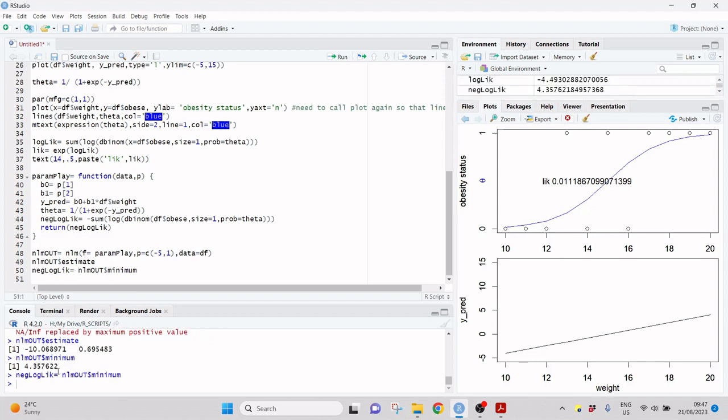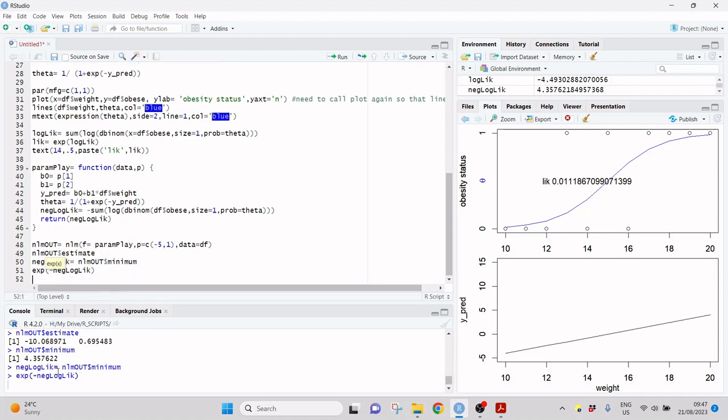To be able to interpret it better, I put e to the power of it, so I first put it back into a log likelihood and then into a likelihood. And what we get is 0.012, so actually not so far away from what we got by our manual play. This shows we can automate this. We don't need to play around with the parameters ourselves, but we can ask R to use an optimization function.